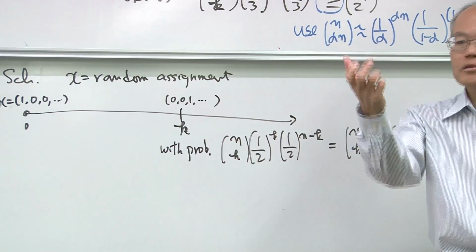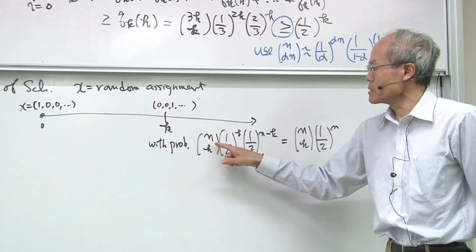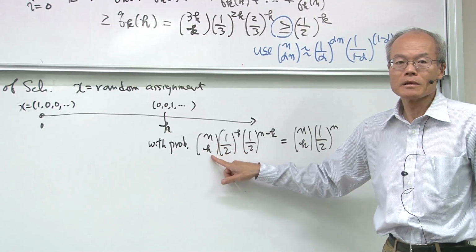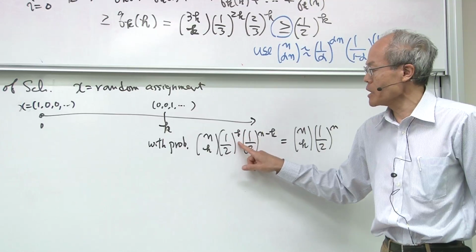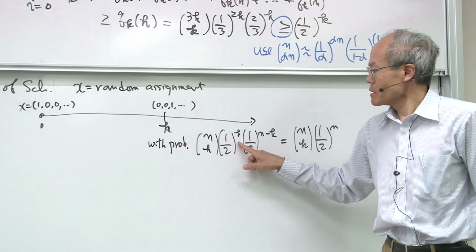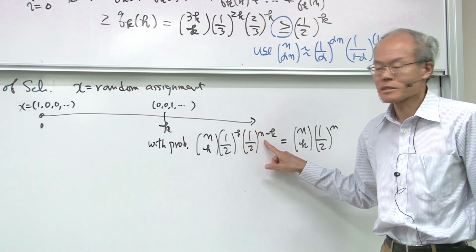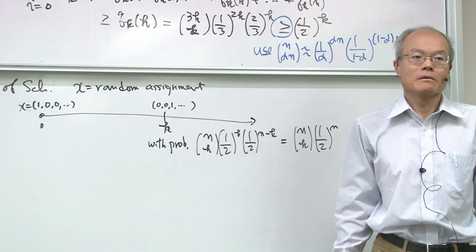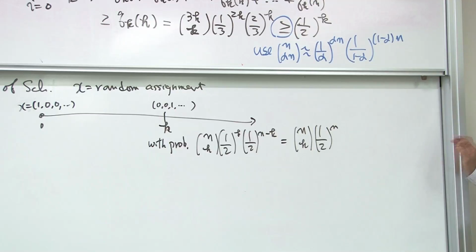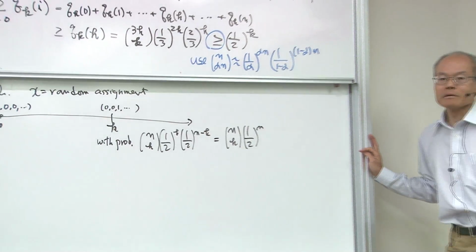So you can choose k bits from n. That is n choose k. Those k bits should be correct, that means 1/2 to the k. The other n minus k bits should be different, that means again 1/2 to the n minus k. The probability is here.